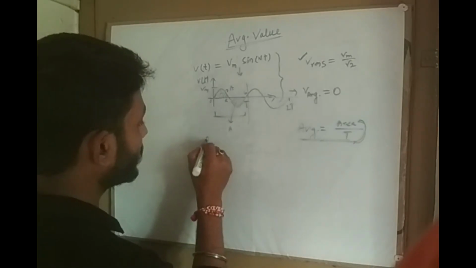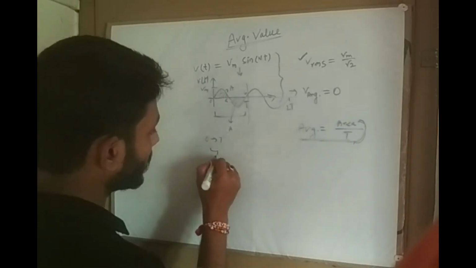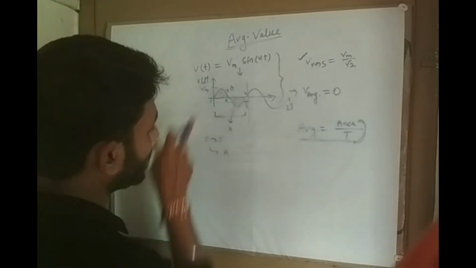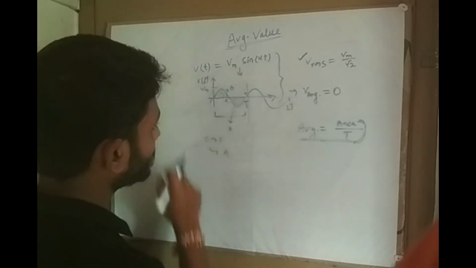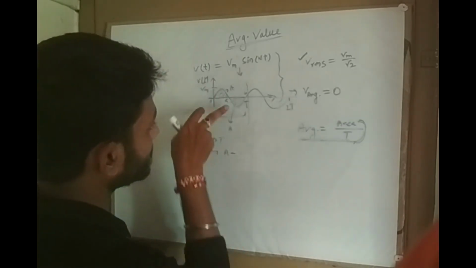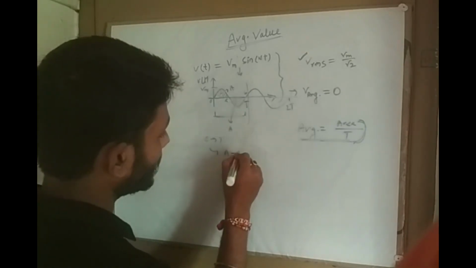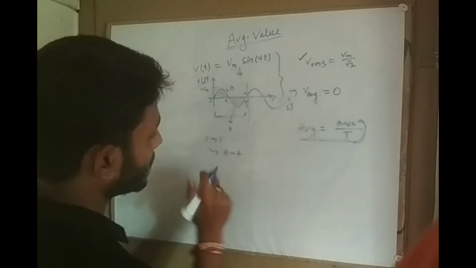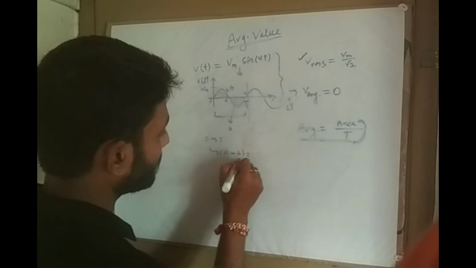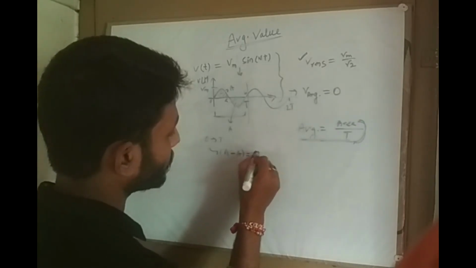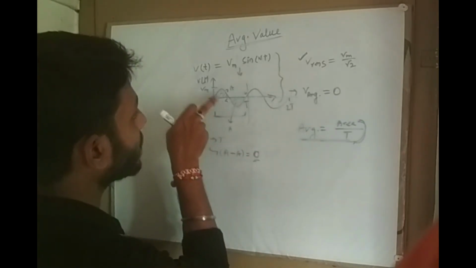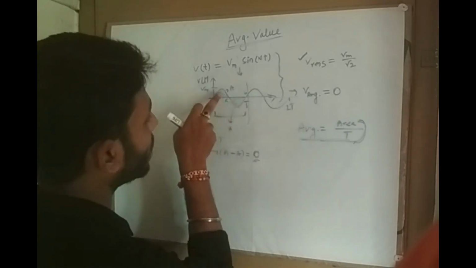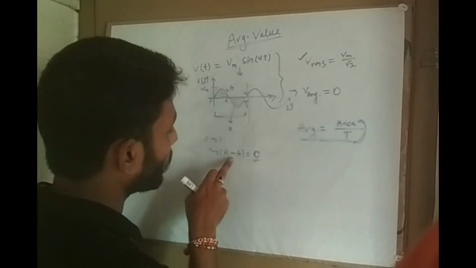Now for 0 to t, the total area, that is upper part area A, that is in positive part, minus the lower part area, it is also A. So the total area A minus A is becoming 0, because here the upper part and the lower part, both the areas are equal.